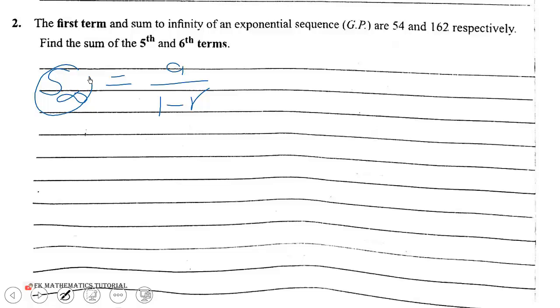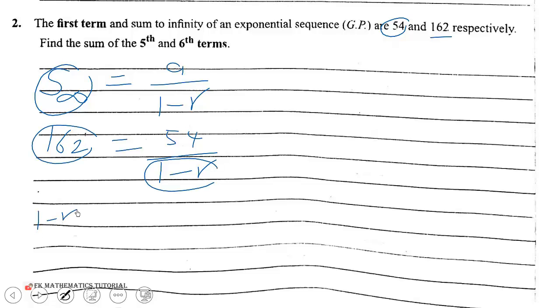So the sum to infinity is 162, you put it here, and then the first term is 54, you put it here, over 1 minus r. So if you swap this and this, you get 1 minus r is equal to 54 over 162, and 1 minus r will be equal to 1 over 3.